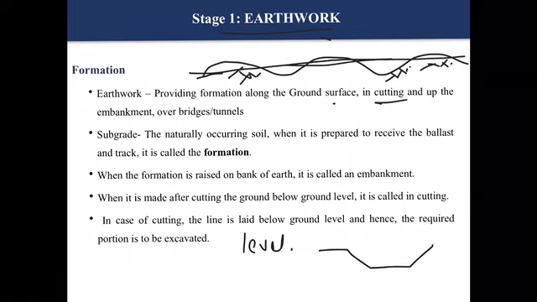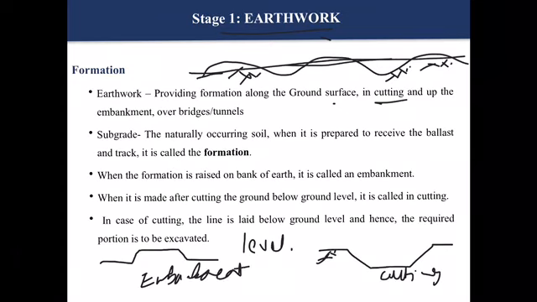If you take your formation level below the ground level, we call it a cutting. Sometimes the formation has to be taken above the ground level, and this we call an embankment. There are also chances that your railway track may run through bridges and tunnels, so there also you first have to prepare your formation level. All these things are involved in earthwork.